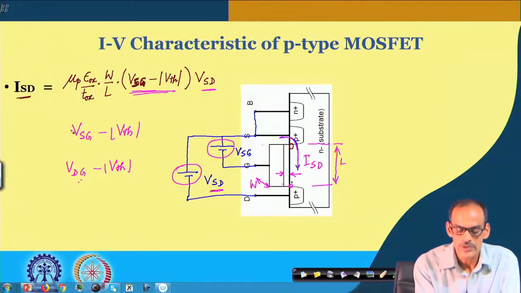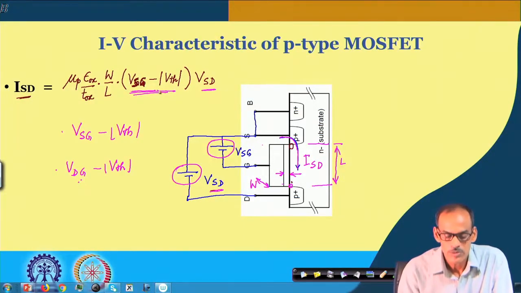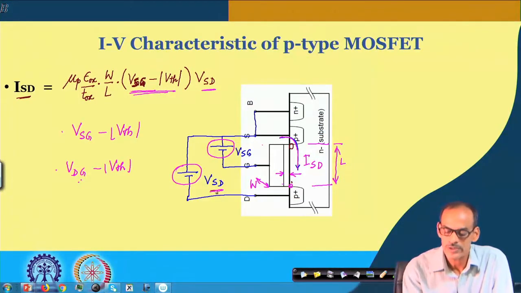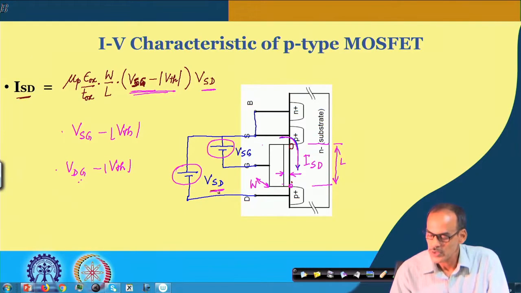If you take the average of these two, we will get a more accurate expression, particularly when VSD is higher. So, let us see what the corresponding expression will be.